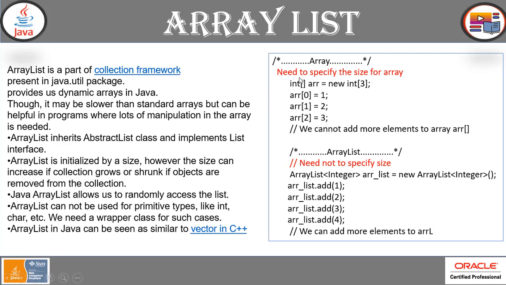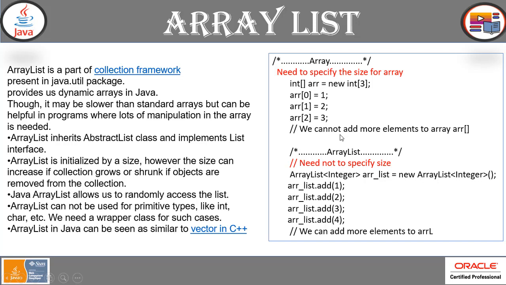As you can see here, the difference between the array and the ArrayList is that with an array you need to specify the size of the array. You have to initialize the size and the declaration has to be like this. Whereas in the case of ArrayList, it's just dynamic. You do not need to specify or initialize the size. Okay, so this is the difference between array and ArrayList.